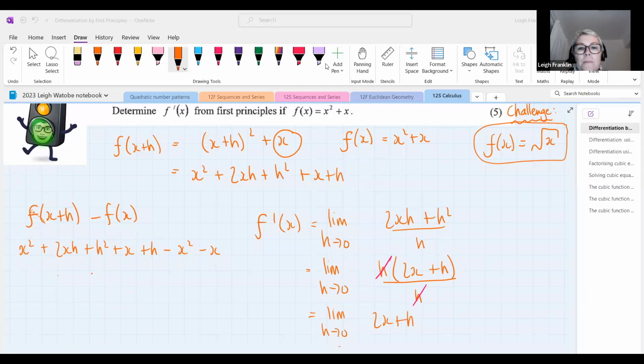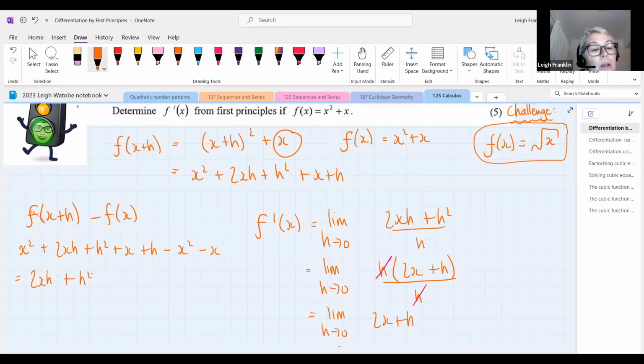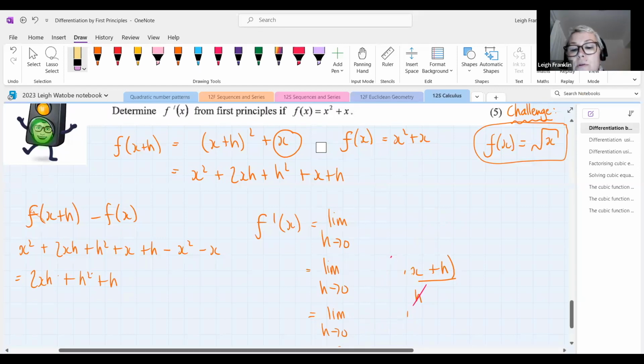Which then means our x squared will go away because it ends up with 0, and we're going to end up with 2xh plus h squared plus h. And that's what's supposed to go into the numerator over here. Don't stress.